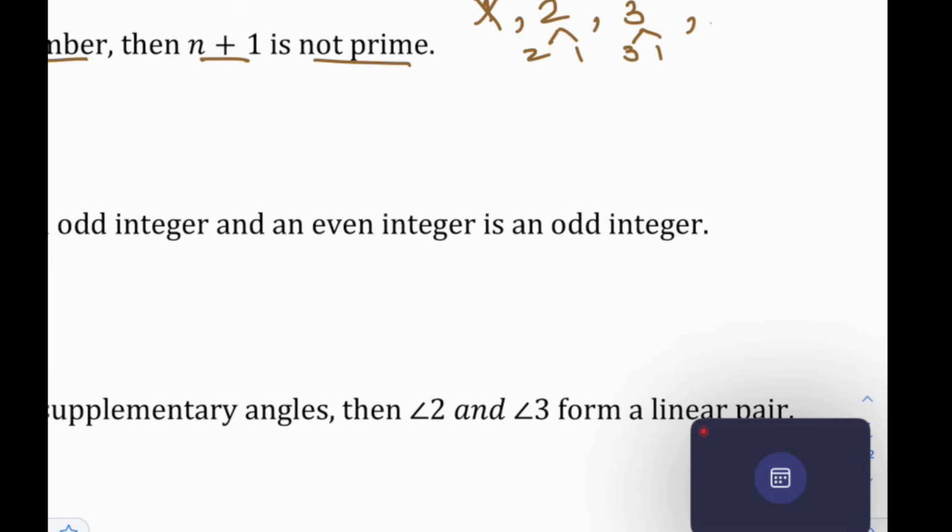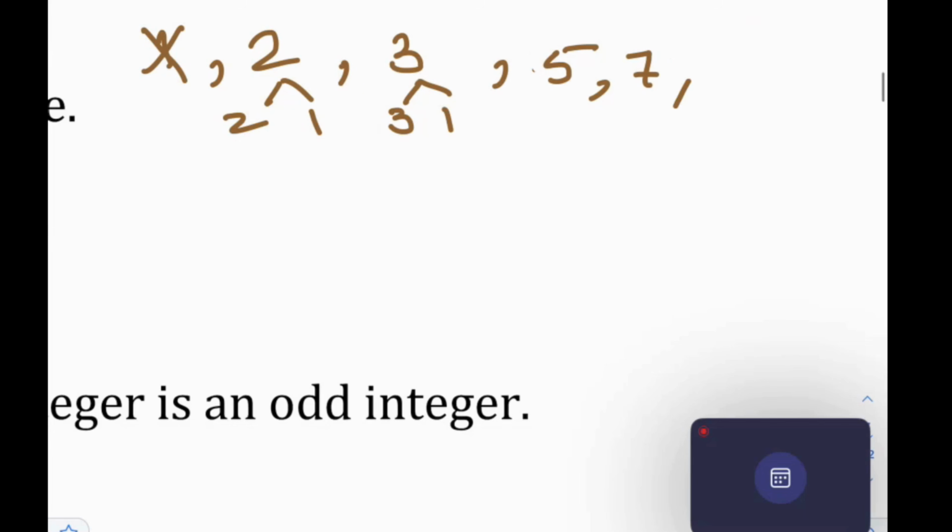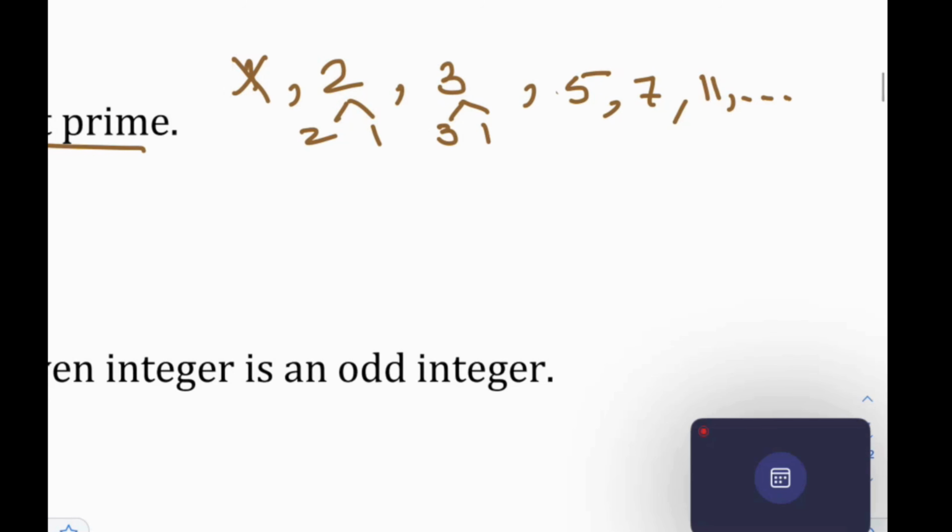Moving forward, 5 is a prime number, 6 is not, 7 is a prime number, 8 is not, 9 is odd but not a prime number because 9 is divisible by 3 as well. So it's odd but not prime. So we move to 11, etc. Conclusion: the only even number that is prime is 2, and not all odd numbers are prime. Example, 15 is odd, but not prime because it's divisible by 3 and by 5.